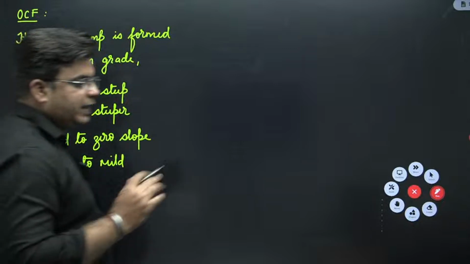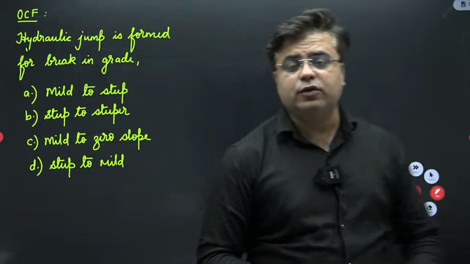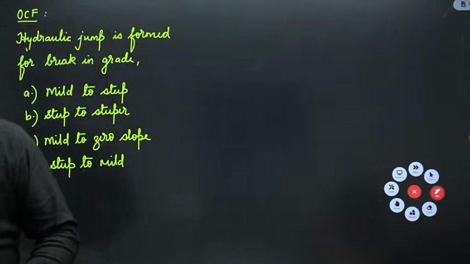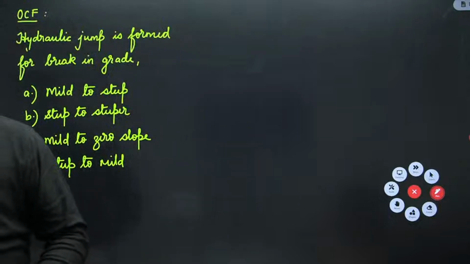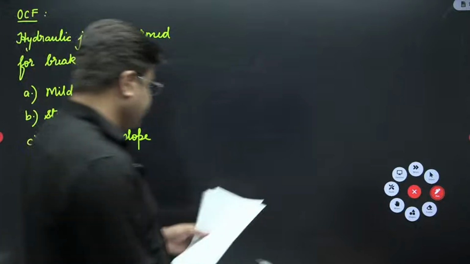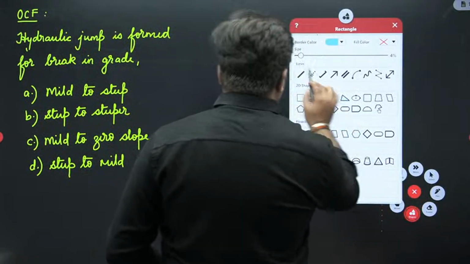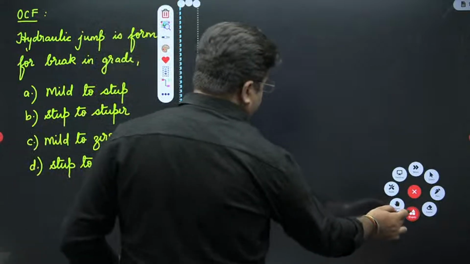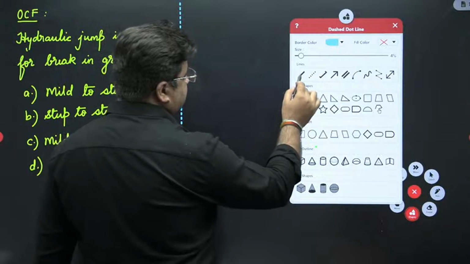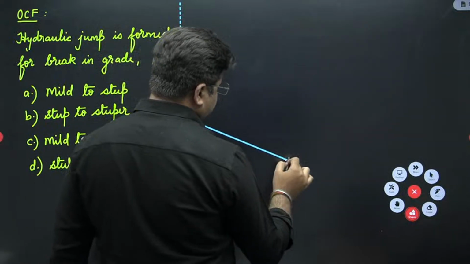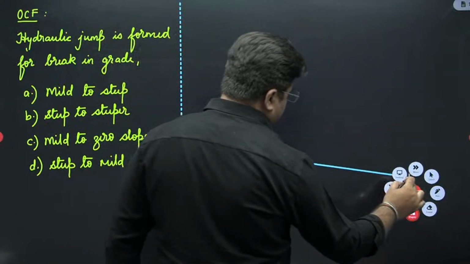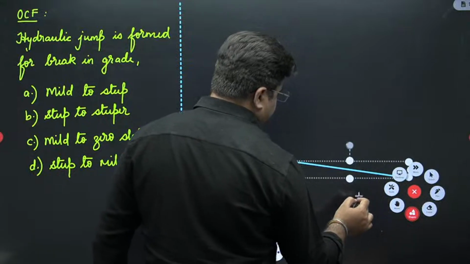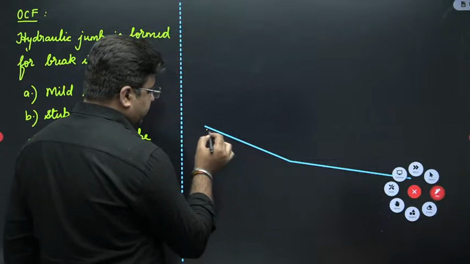So in break in grade, we have seen the different cases from where you will see the formation of hydraulic jump. Let me draw that case first. When the break in grade happens from steep to mild slope like this, then we see the formation of hydraulic jump.